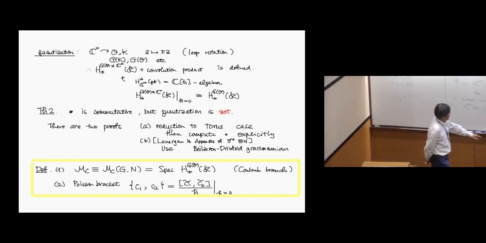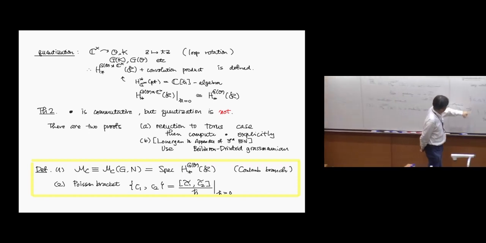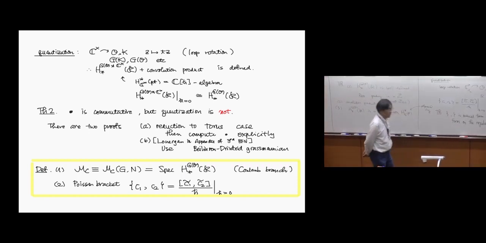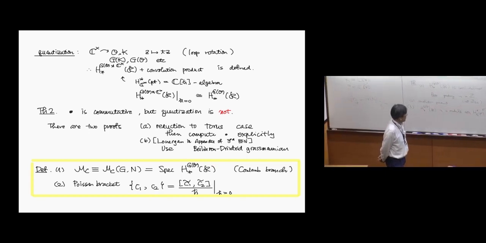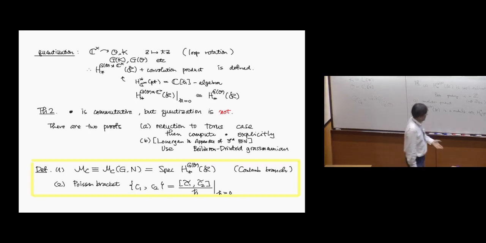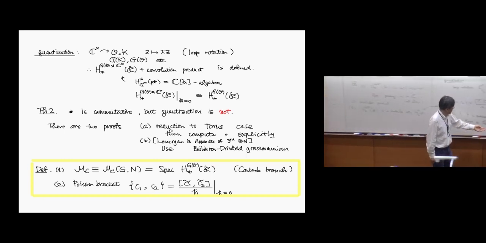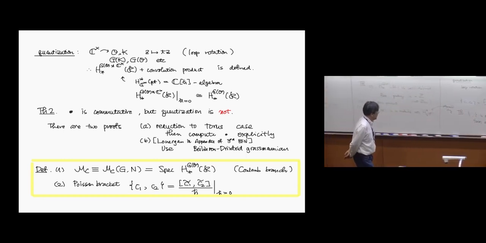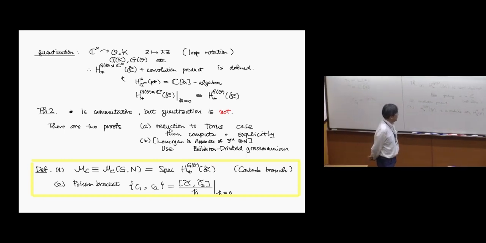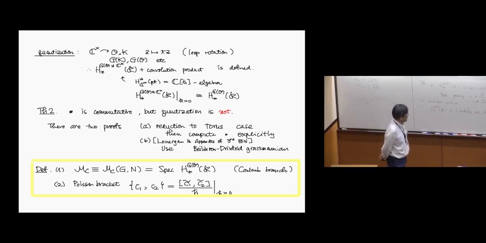But if you restrict this bivector to the regular locus, then it comes from an actual symplectic form. It is non-degenerate along the regular locus.